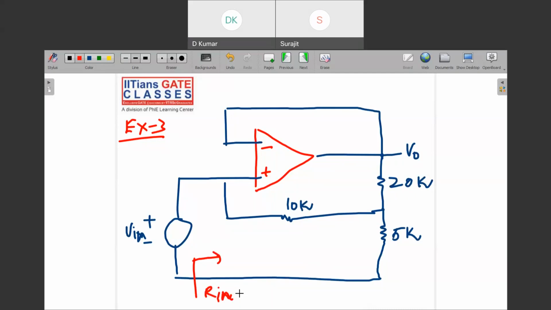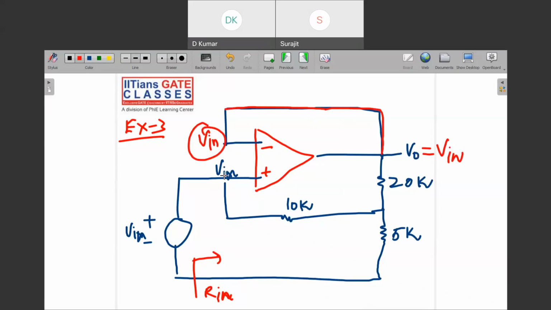I will also solve along with you. Suppose this is V in here. This will be V in only, because from the virtual short concept, V in will be here. And V out will be equal to V in, because it looks like a buffer, with unity feedback.